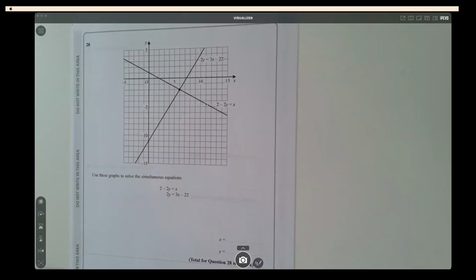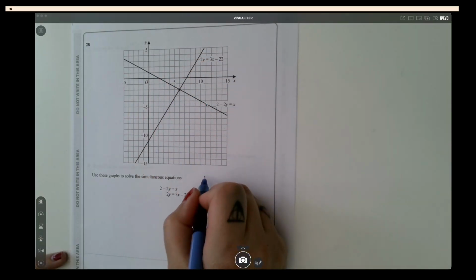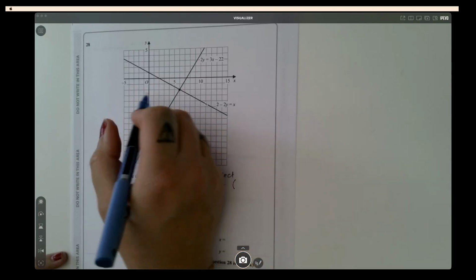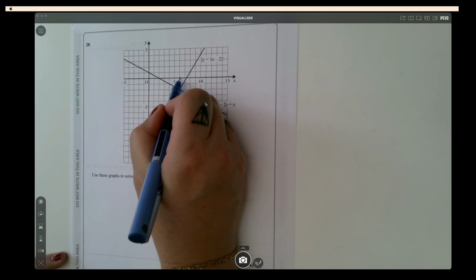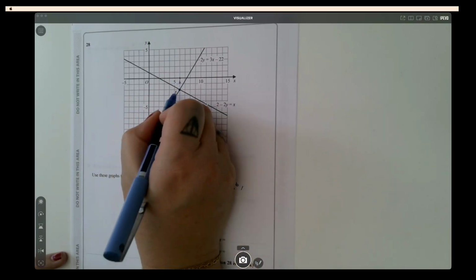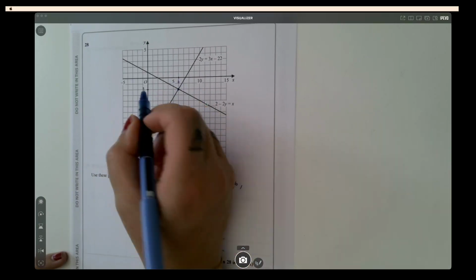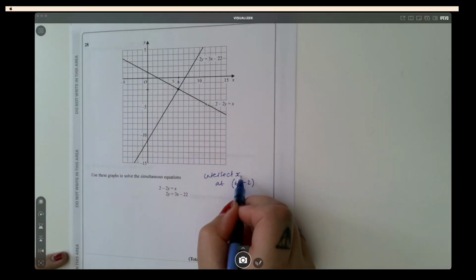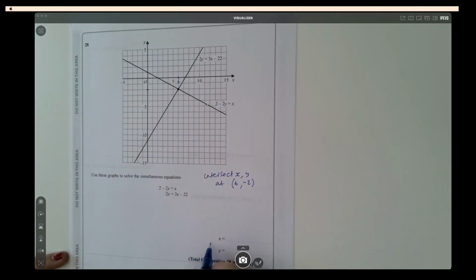So the lines intersect here. So they intersect at the coordinate. So let's have a look. 6, minus 2. Remember, coordinates are x and y, so they intersect at x equals 6 and y equals minus 2.